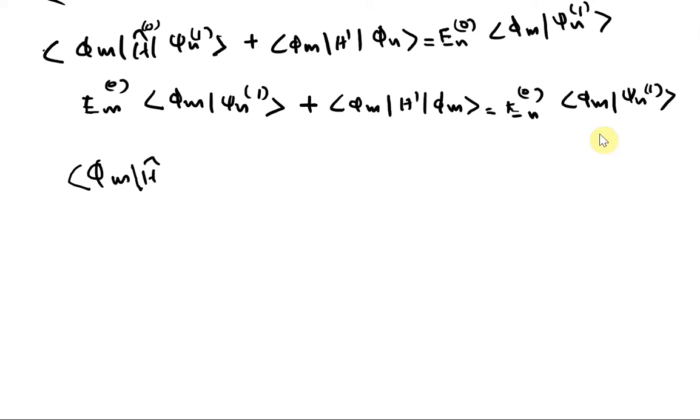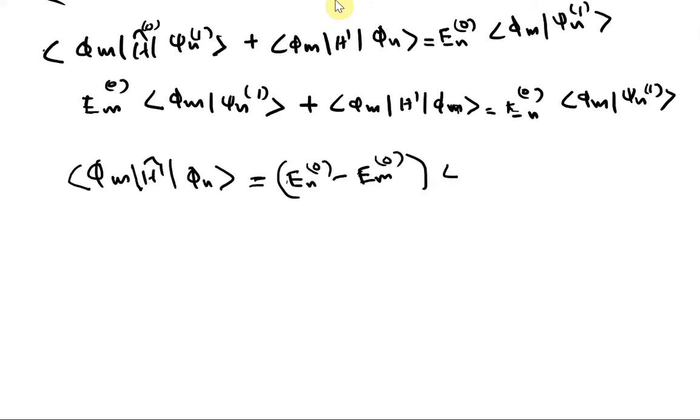This will become phi m h cap dash phi n, which is equal to en0 minus em0, multiplied with our phi m psi n1.